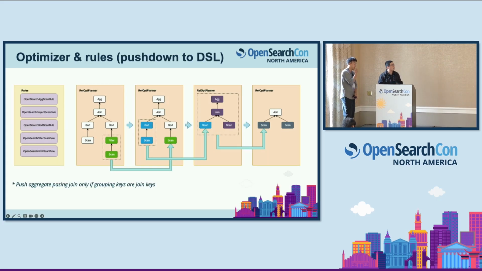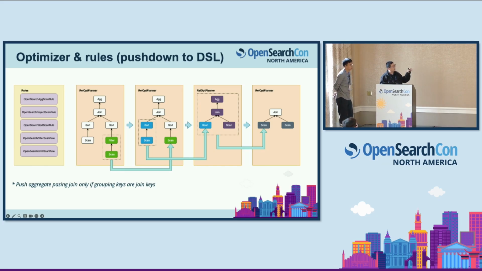Okay, here is an example of the optimizer. My colleague Heng will give you more detail about how to push down the logical plan or query plan to DSL. Here you can see a simple example. There are many rules we created, and the original plan is a two-table join and aggregation.